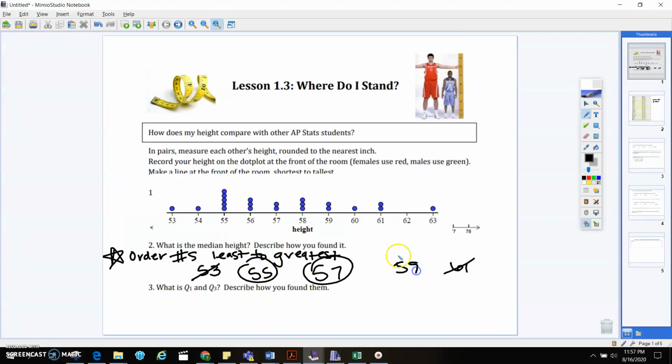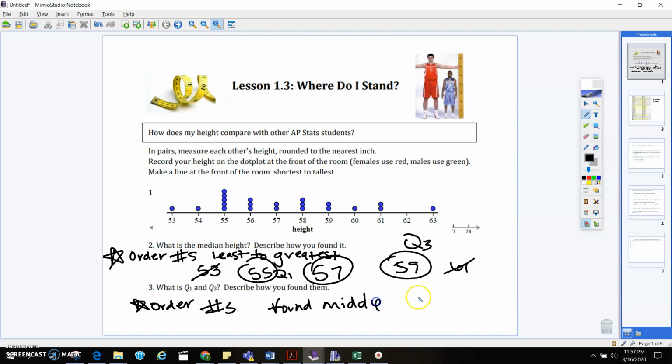And I would talk about how I ordered numbers from least to greatest, and then found the middle of lower region and upper region.